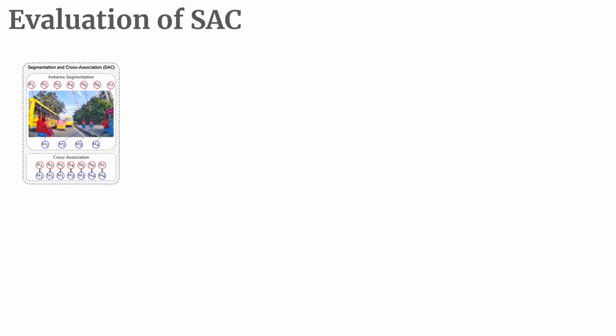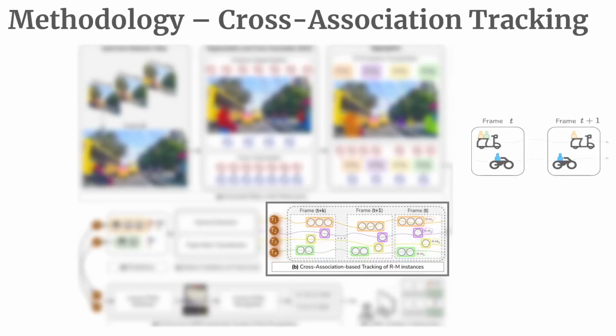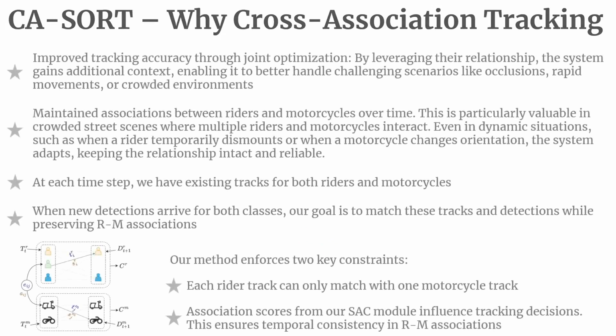Compared to existing methods, our algorithm achieves superior association accuracy by successfully distinguishing between nearby riders and correctly associating only the true rider-motorcycle pairs, even in crowded scenes with multiple overlapping instances as shown here. Now let's take a closer look at our cross-association tracking module. Here, we introduce a significant advancement in tracking by focusing on a joint approach to tracking riders and motorcycles.